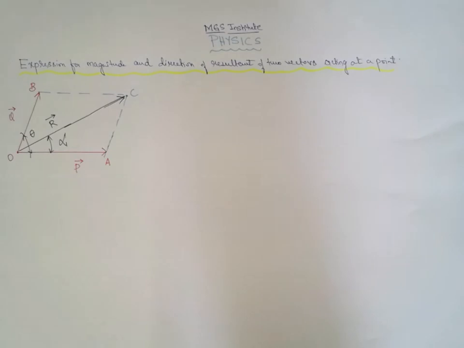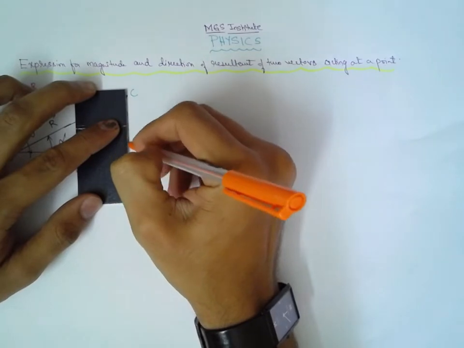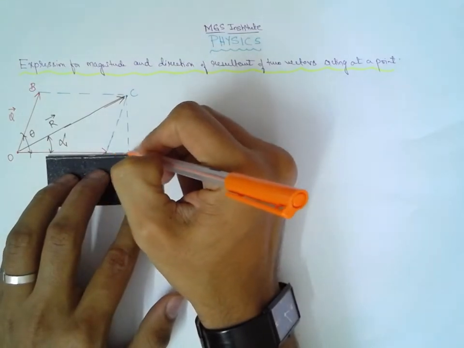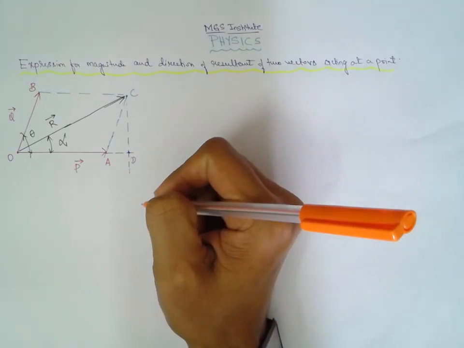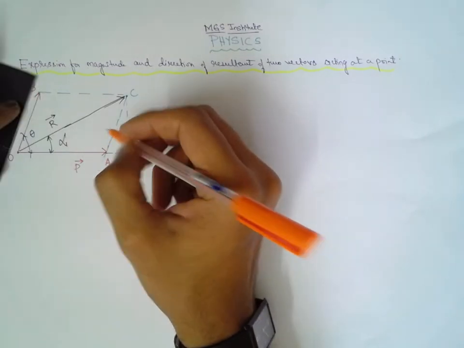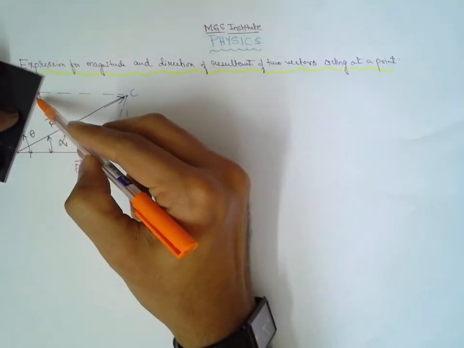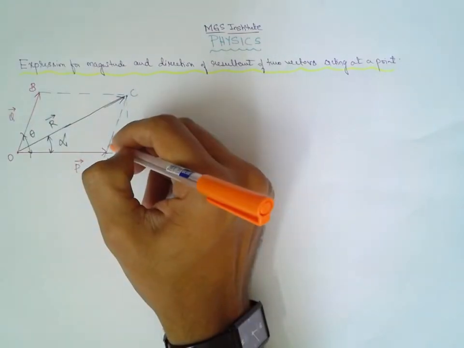Now, one small development in the diagram is required, which is to drop a line from C, extend OA to meet this point, and I'll call this point D. Is it fine? Now from the diagram I know this angle is theta with P, so even this vector is making an angle theta with P, so this line also will make an angle theta here.